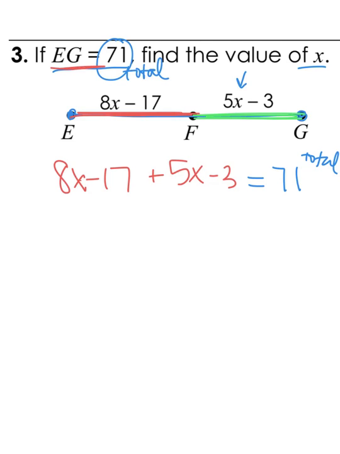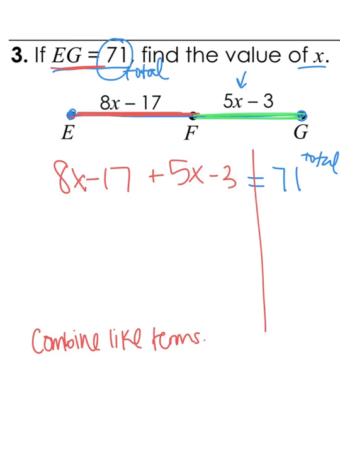And I know before we left, we talked about solving equations, and after using distributive property, we combine like terms. So before you start solving this, you're going to see if you can combine any like terms. So on this left side, I see that we have 8x plus 5x, so I'm going to take those coefficients, 8 plus 5 gives me 13x.